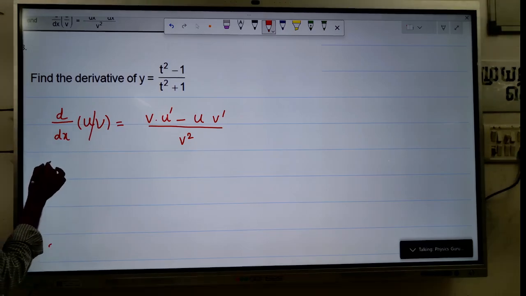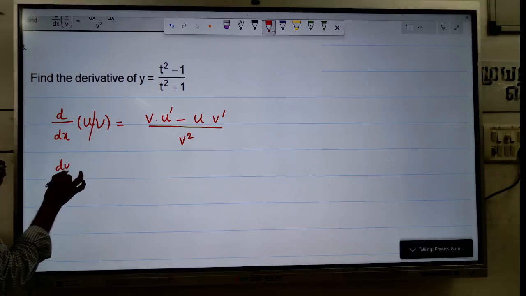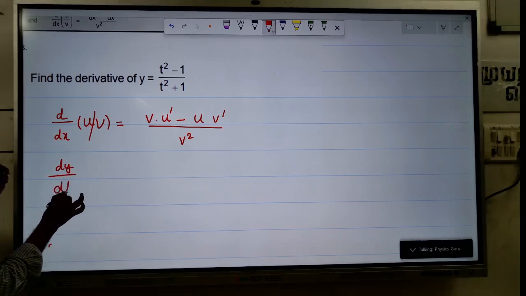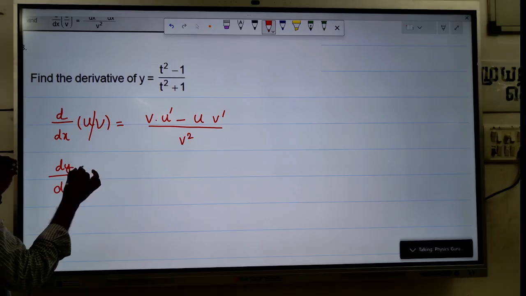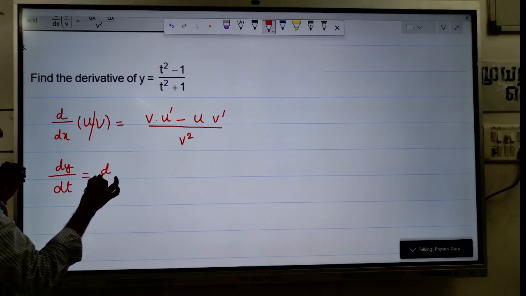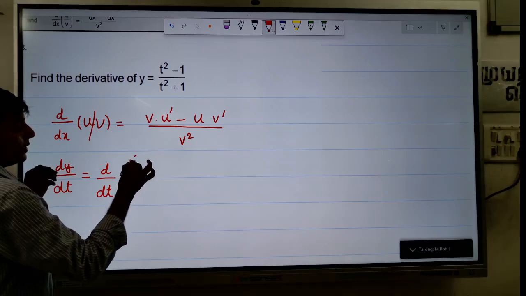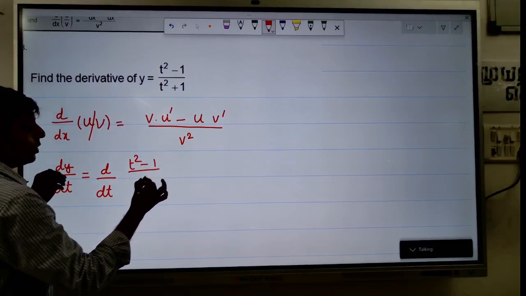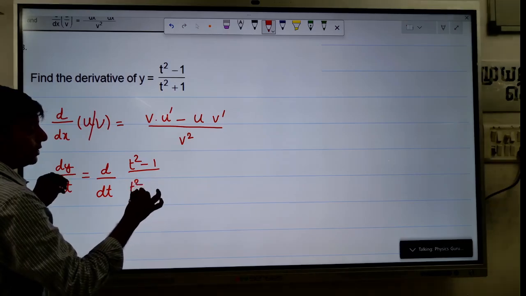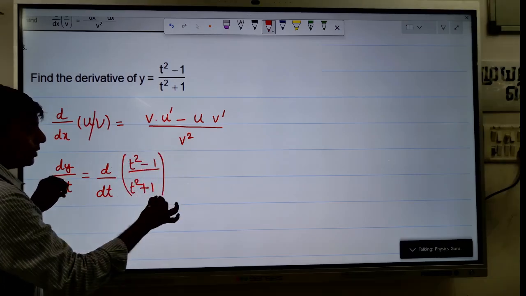And here we are supposed to find dy by dt, which is equal to d by dt of t squared minus 1 over t squared plus 1.